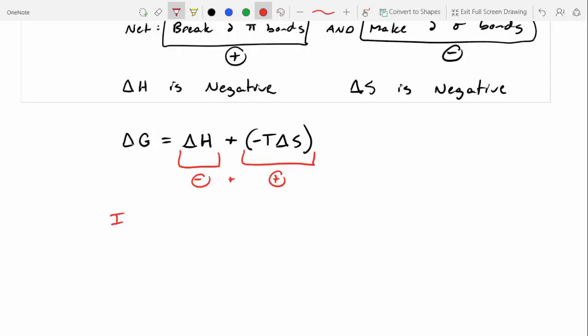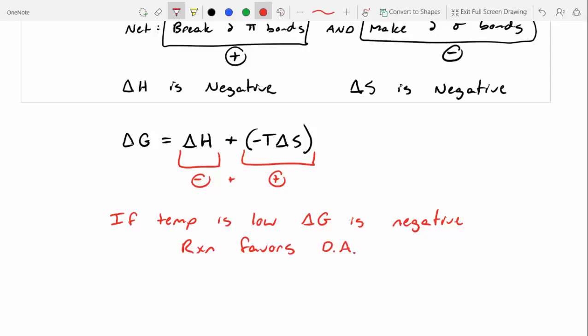So if temperature is low, delta G is going to be positive or negative? Yeah, delta G is negative. And the reaction favors the Diels-Alder product, right? So it favors the product side of the equation.